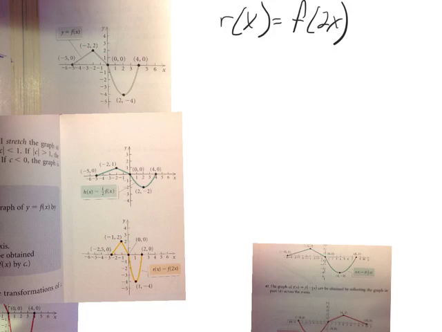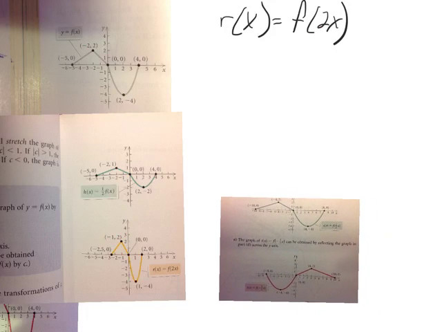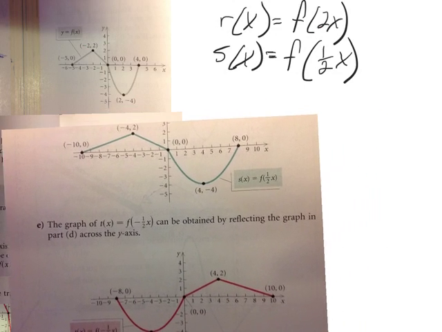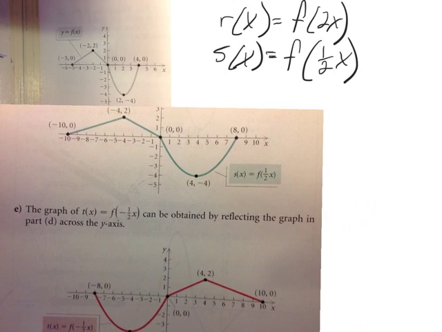Okay, so the next one, let's say for instance for part D, we have f of x equals f of 1/2 x, and let's see what happens here. Alright, so we're going to compare up here. Now notice, this is shrunk by 1/2.